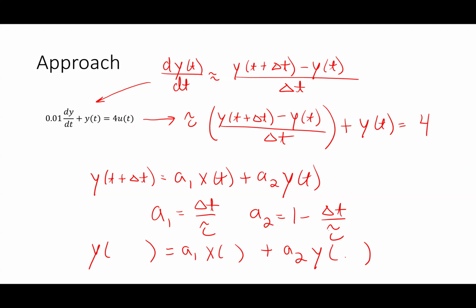Because again, when I go on a computer, y is just a set of numbers in an array somewhere. There's no time vector that's necessarily naturally sitting there with it. So I ascribe meaning to that physically. But in terms of the vector itself, what is this saying? The next value in y is related to the current value in x and the current value in y. So how do I write that in terms of this n, this integer vector? Negative n delta t over tau.